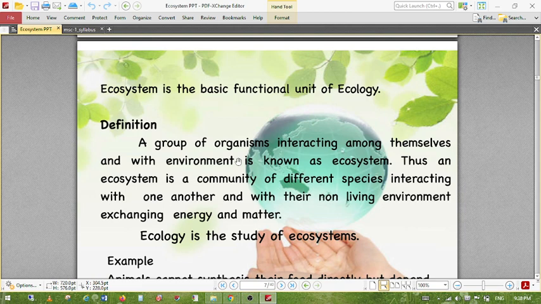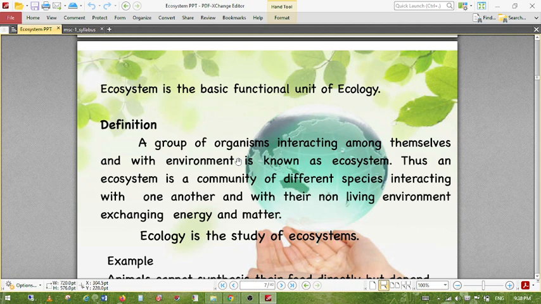Then come to secondary consumers. Secondary consumers are called primary carnivores. Carnivores means who eat meat, that is called meat eater. They depend on the primary consumers.